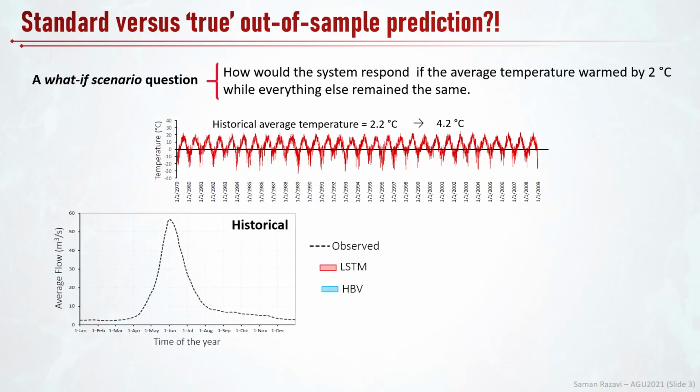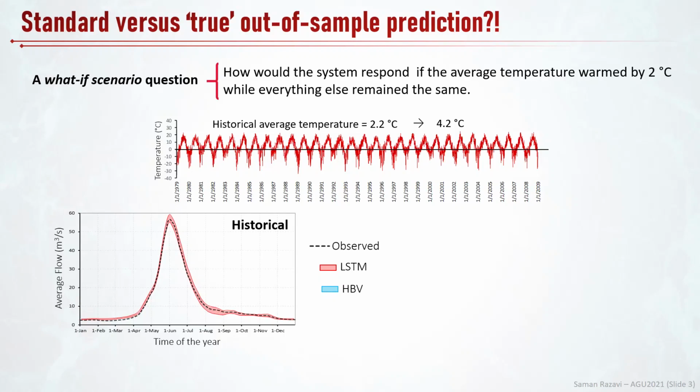A common policy question for hydrologists using such scenarios, particularly in Canada, is how the seasonality of flows might change under warming in terms of both the magnitude and timing of flows. So first, let's check the consistency of simulated seasonality for the historical period.